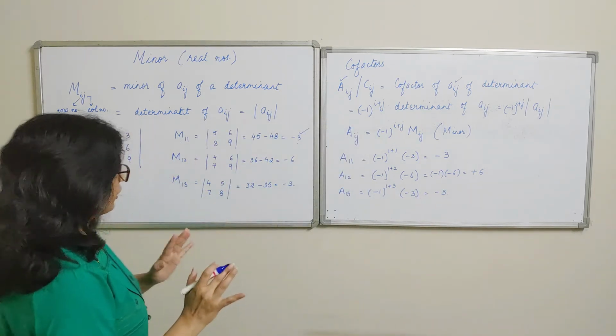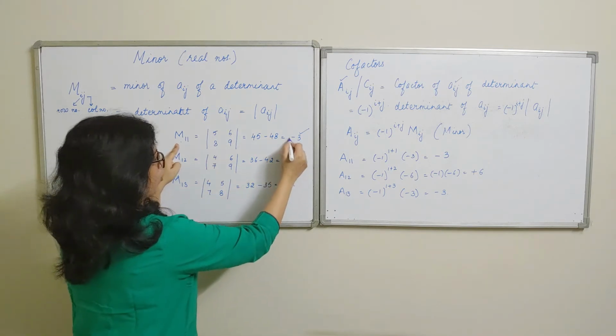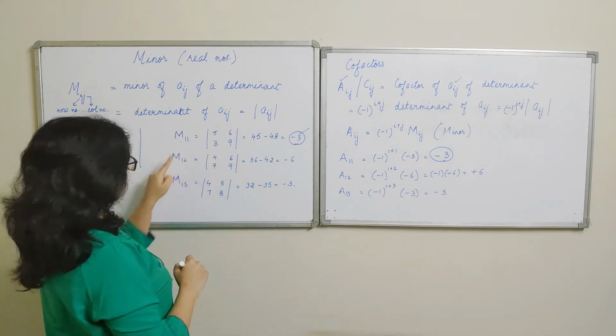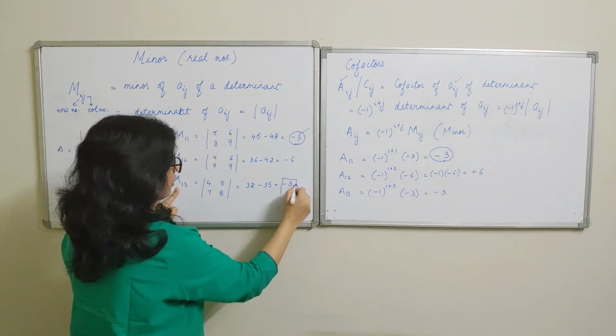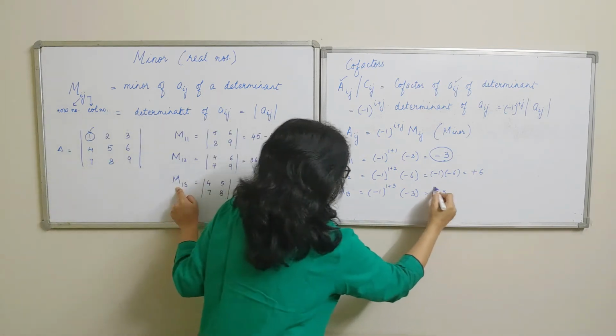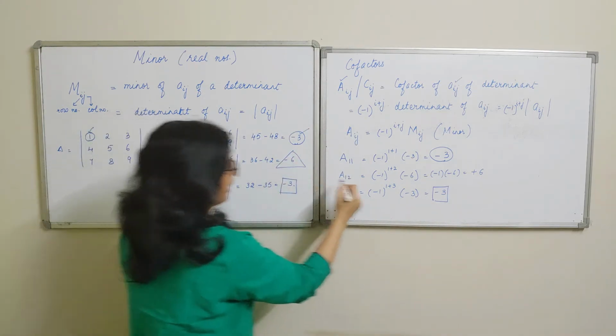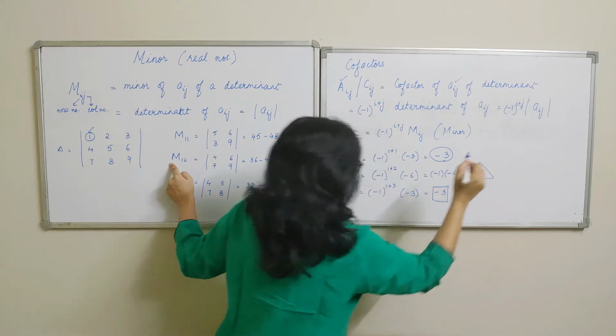So here if you correlate, you will notice that M11 is the same as A11. Similarly, M13 is the same as A13, but M12 and A12 have different signs.